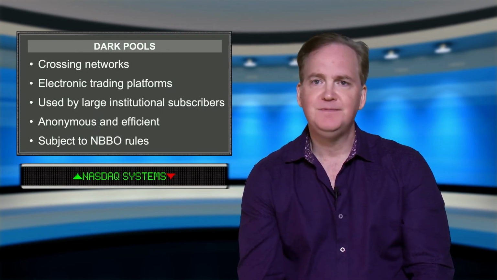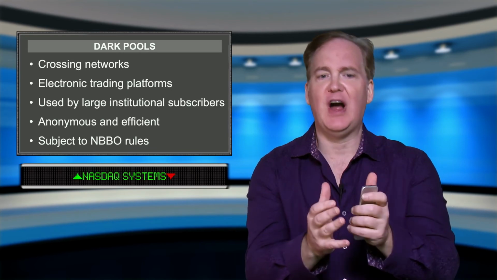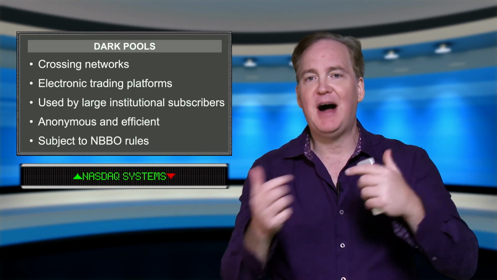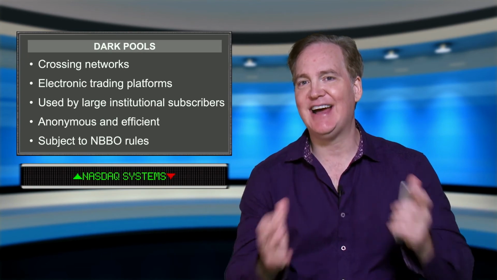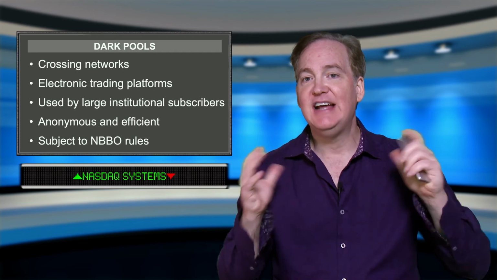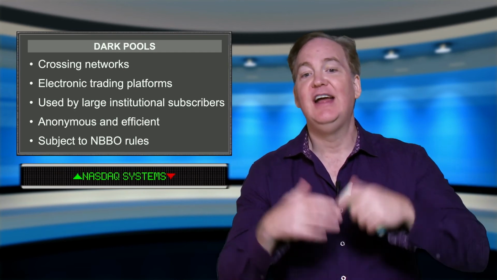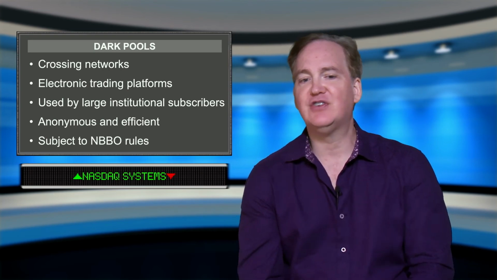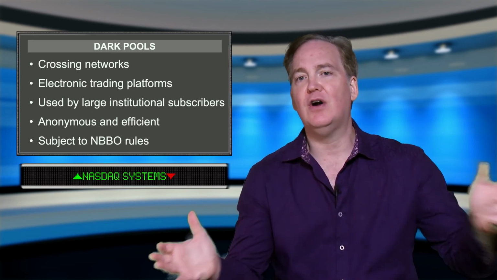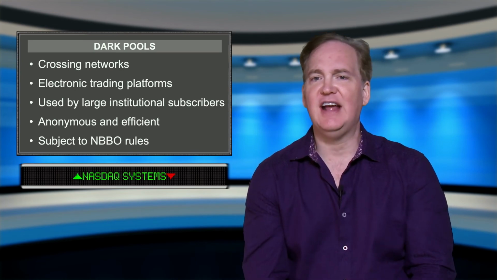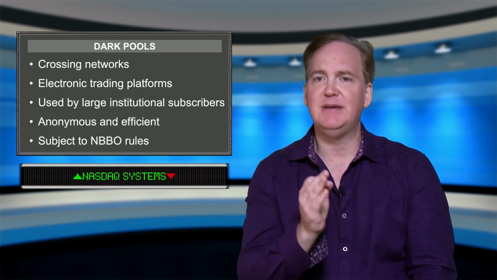Dark pools. These are subscriber networks or crossing networks where the subscribers buy and sell large blocks of stock anonymously. The volume and who is doing what is unknown to the market center until it is reported to the tape. Electronic trading systems used by large institutional subscribers are subject to the NBBO rule, or the best bid, best offer.